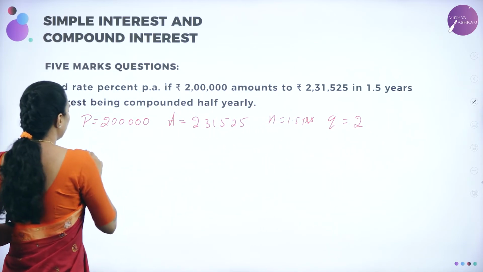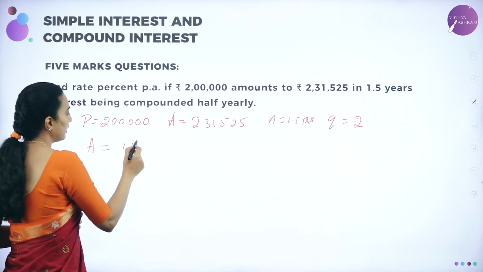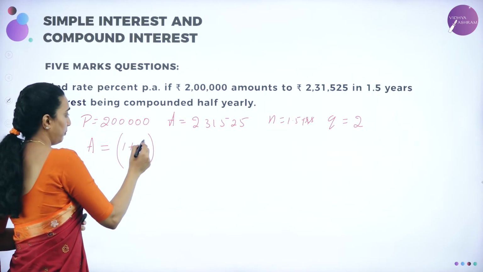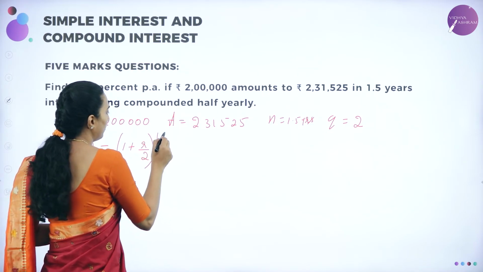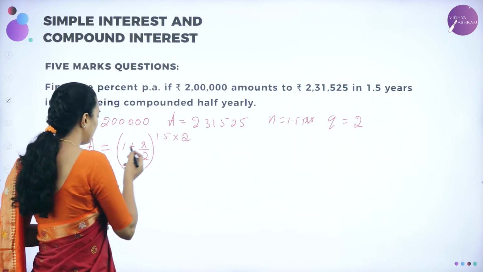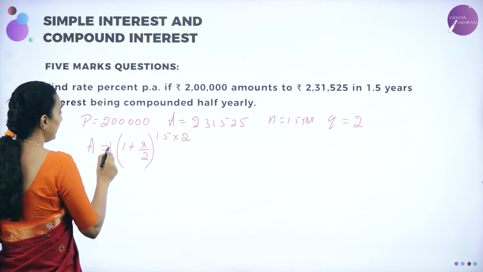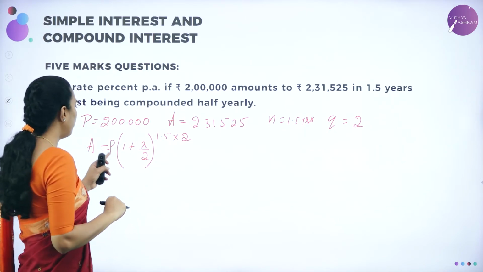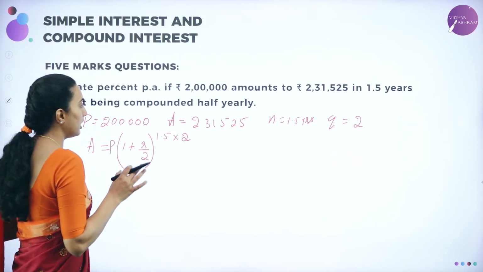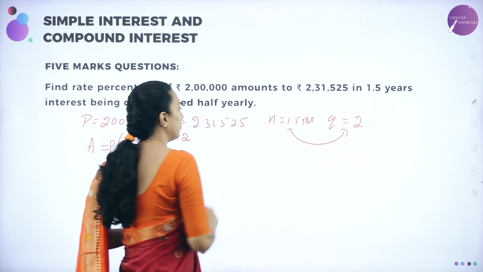The alternative formula is A equals P into 1 plus R by Q to the power of N into Q, because we need to take N as well as half yearly, meaning we multiply these two, okay?